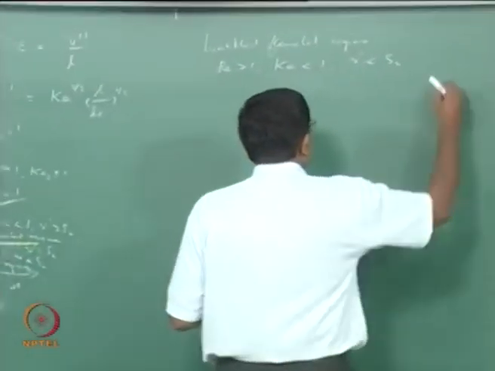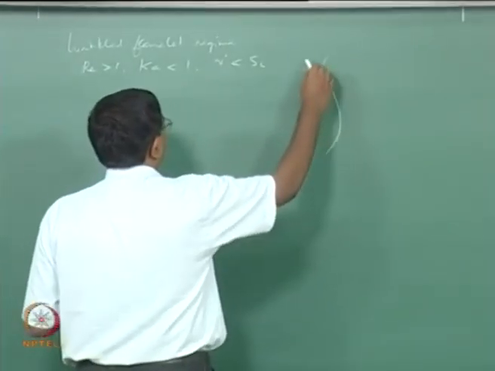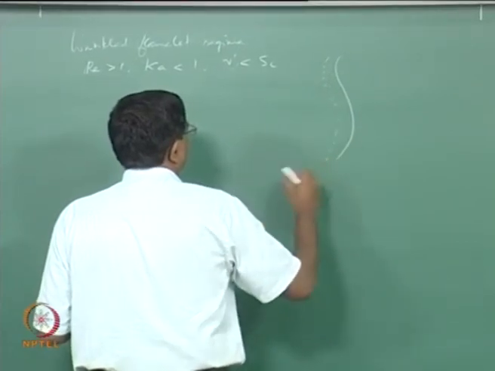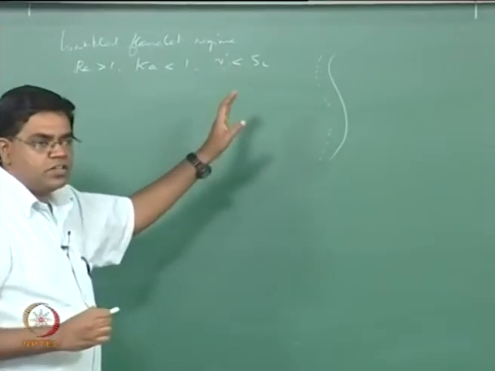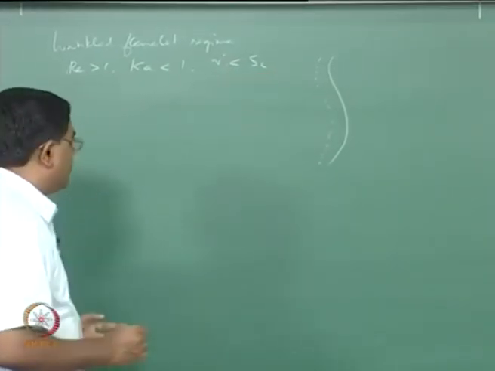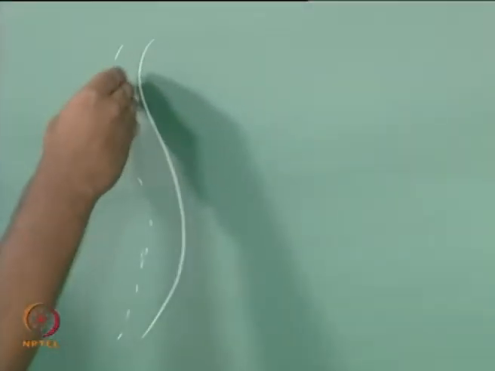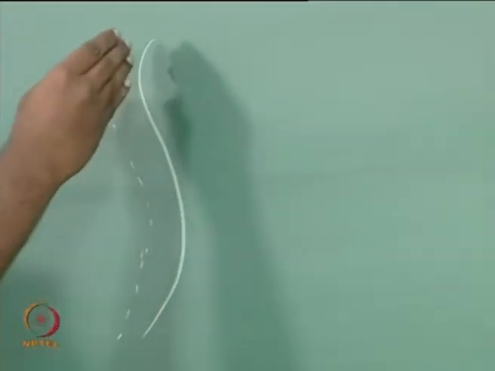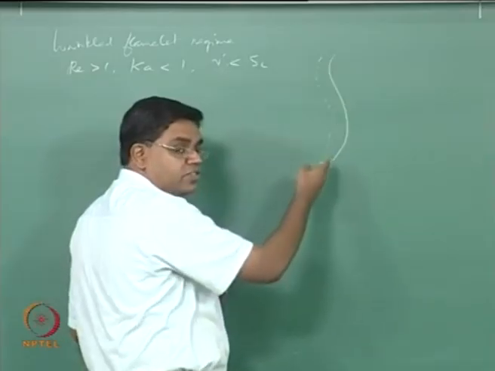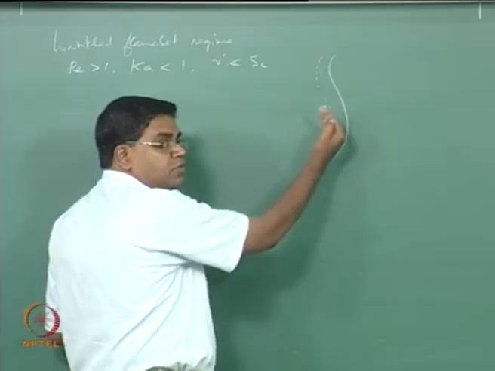So you now have a flame that is, let us say, marked by 2 lines. This line is like the reaction zone, including the thickness of the reaction zone, and the dotted line is the upstream edge of the preheat zone.